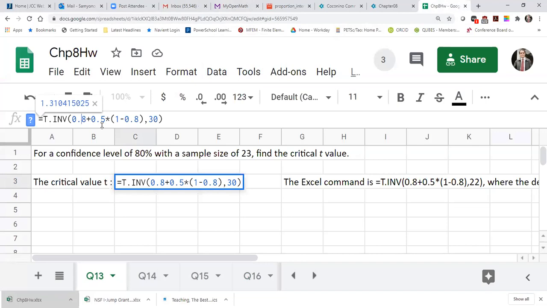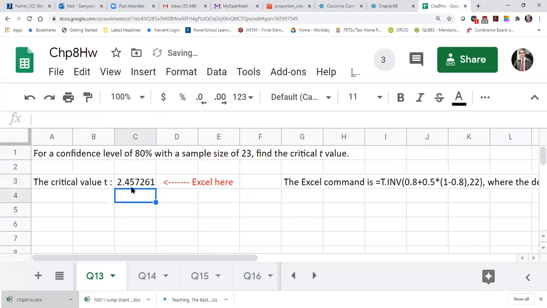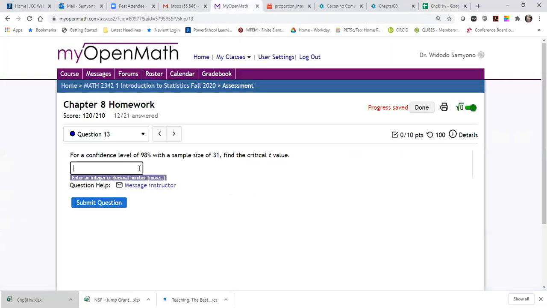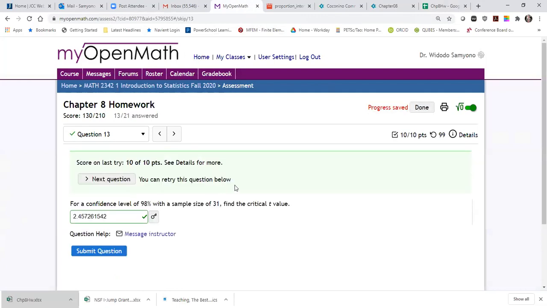That means it's 0.98, and this one also 0.98. And the critical value will be this one. You need to press Control C and then paste that here. It didn't say anything else, so you can copy everything and then submit it. Okay.